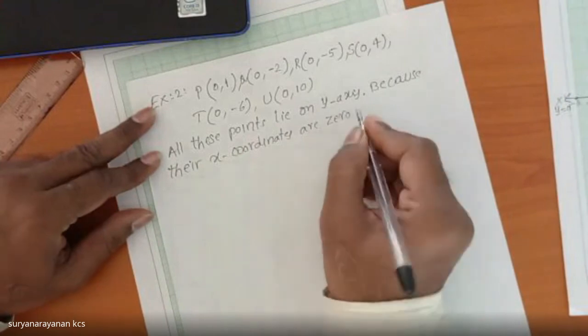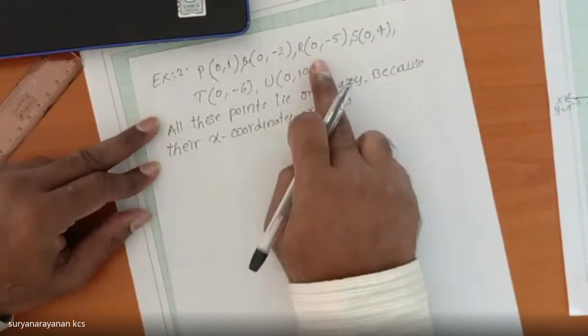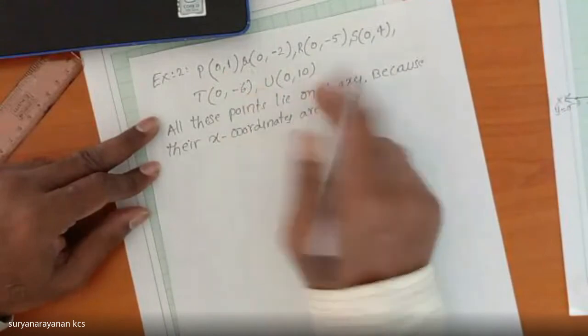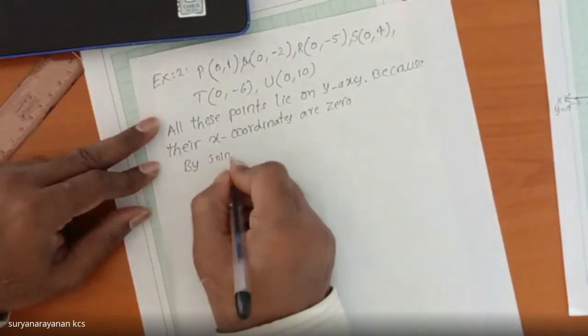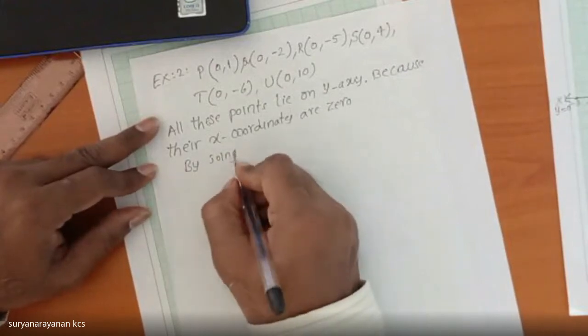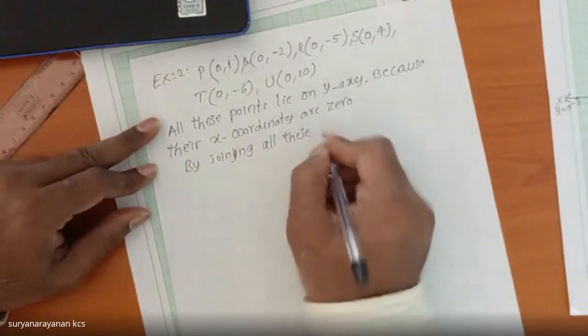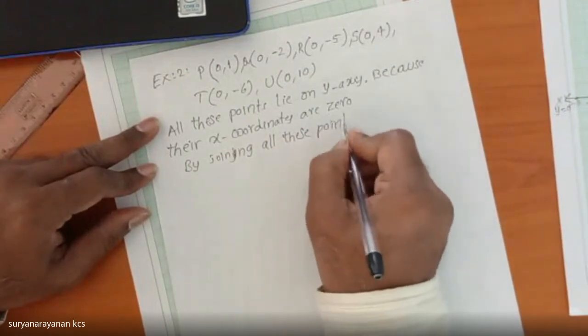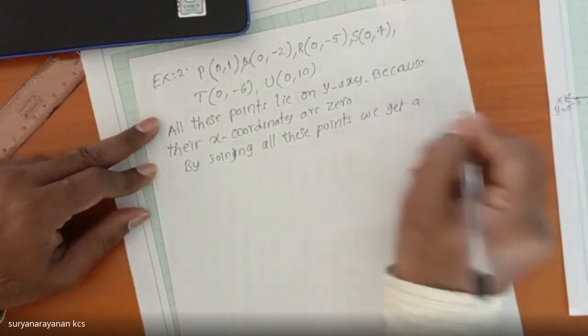So they lie on the y-axis. By joining all these points, you get a straight line.